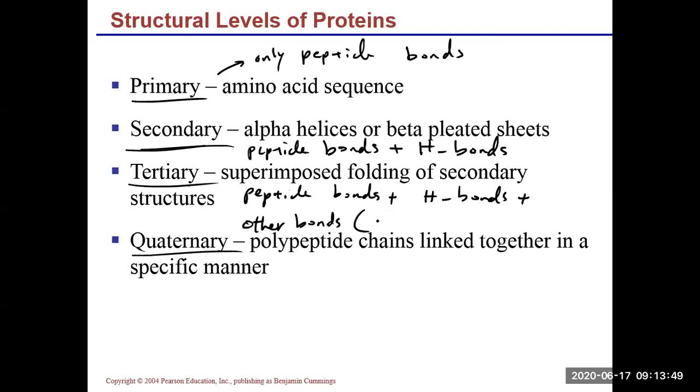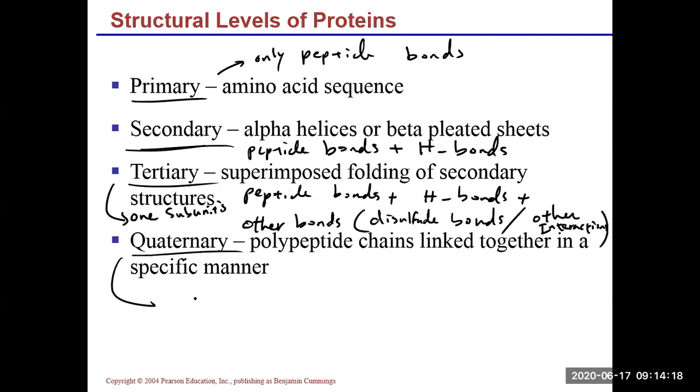This could be disulfide bonds, or other interactions, etc. So it gives it a three-dimensional structure, and this makes one subunit. When you have many subunits, you get the quaternary structure: two or more subunits.